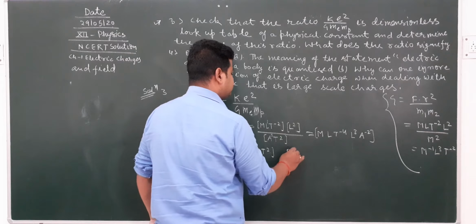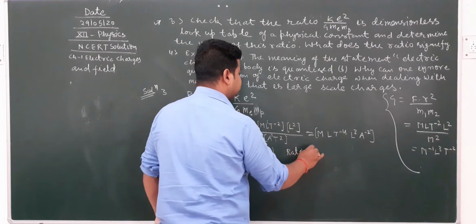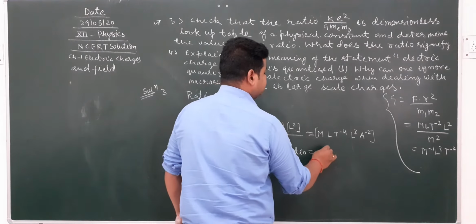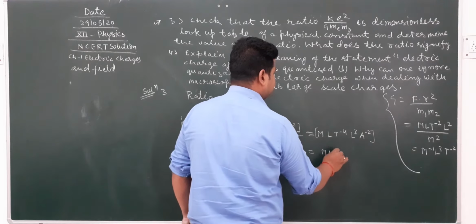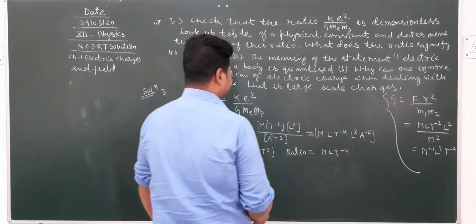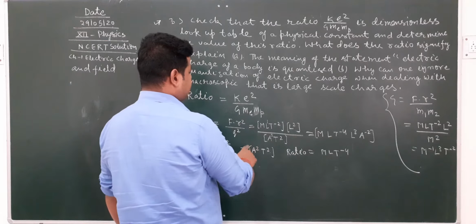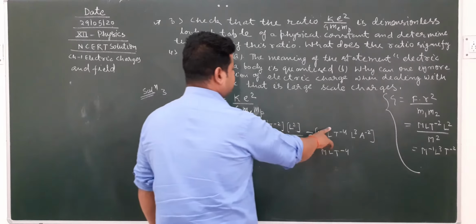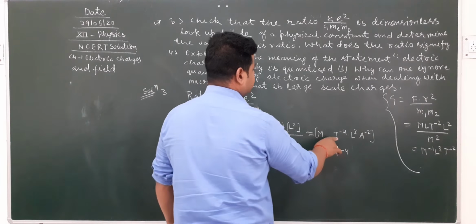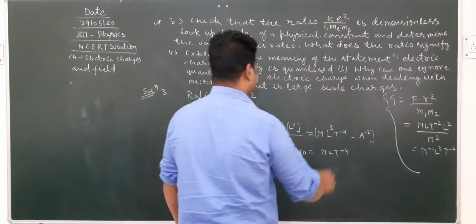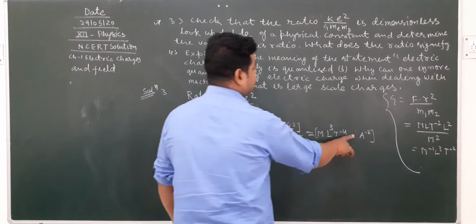So here the ratio is equal to k. What is the dimensional formula of k? M L3 T minus 4 A raised to power minus 2.